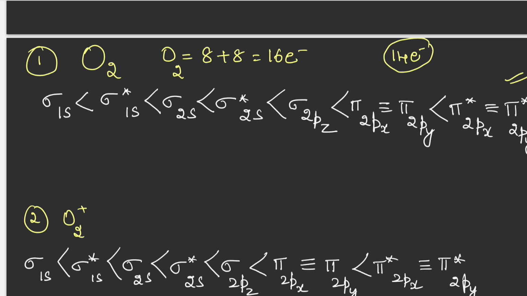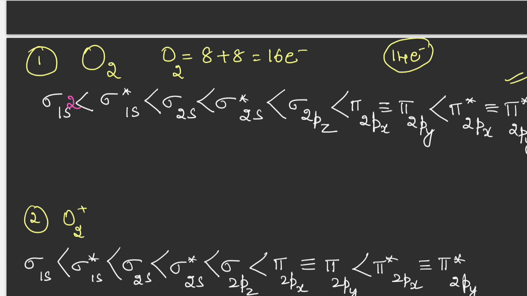So we will be using this type of energy levels when the system has more than 14 electrons. Here we have 16 electrons, therefore we are going to use such type of molecular orbitals in the increasing order of their energy level. So now let us fill the electrons. Totally we have 16 electrons.